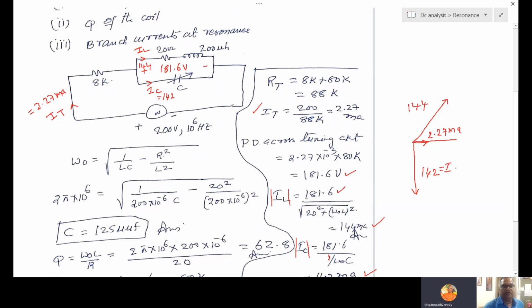So this is IC. This is IL. When you are adding vectorially, again it will satisfy. So as per the law, node current law should be satisfied. But don't apply current law for the magnitudes, apply current law including angles. Including angle, always current law will be satisfied. Like this we can solve.